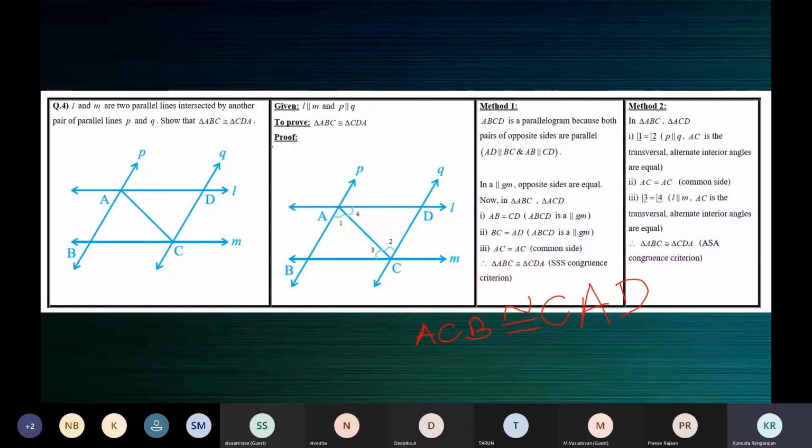That's because we just copied what we had to prove: ABC is congruent to CDA. This is what is given, but you can also check if you have understood it correctly. See this order, ACB congruent to CAD. If you write it as ABC, then it will be CDA. Yes, it's right.